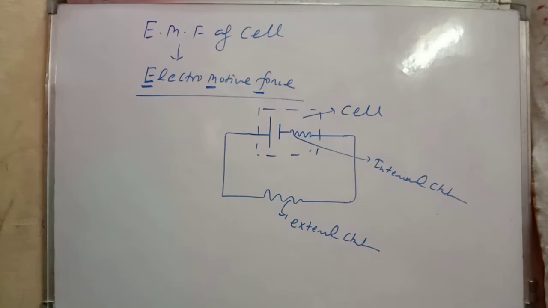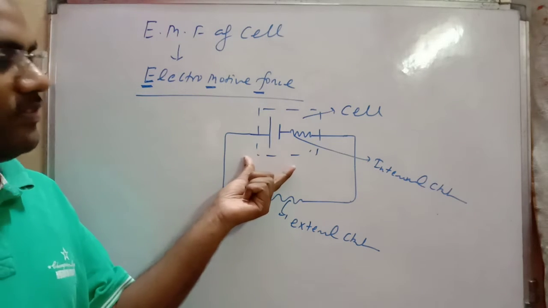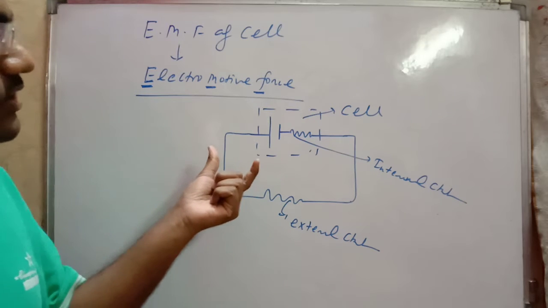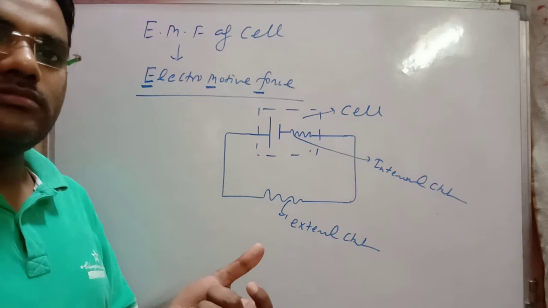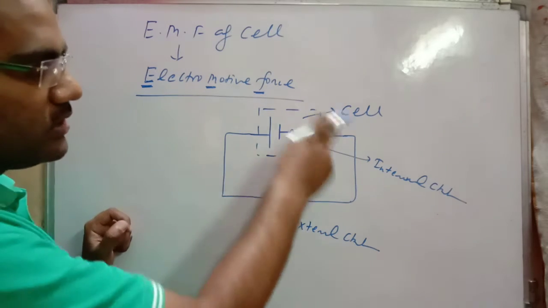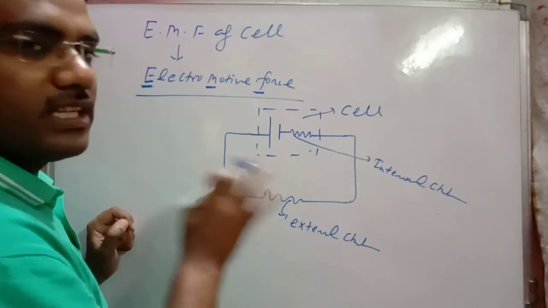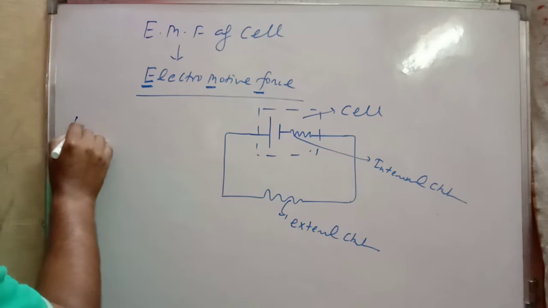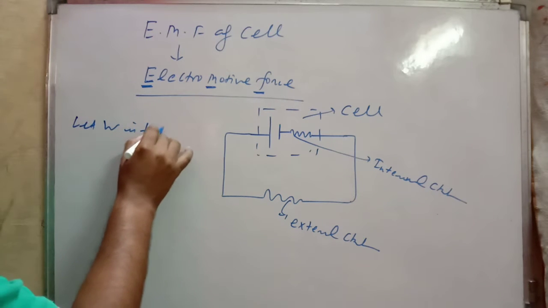So the EMF of a cell is the work done in moving a unit charge in the whole circuit, external plus internal circuit.